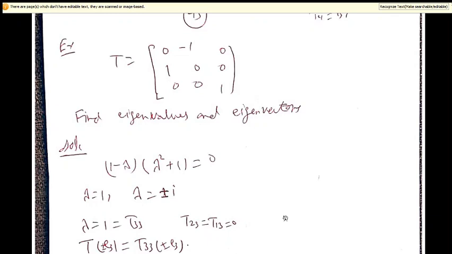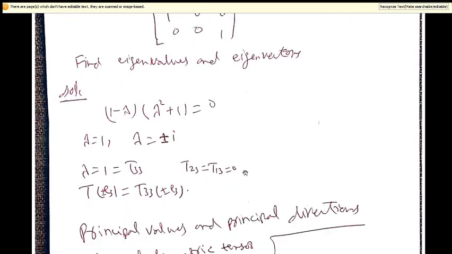Now this is not symmetric. We will find eigenvalues and eigenvectors. We will see that when you find the eigenvalues, one eigenvalue is 1 and the other 2 eigenvalues are complex conjugates of each other.